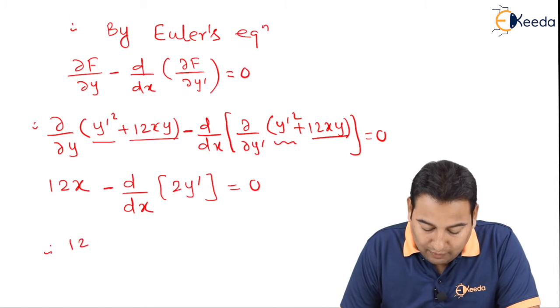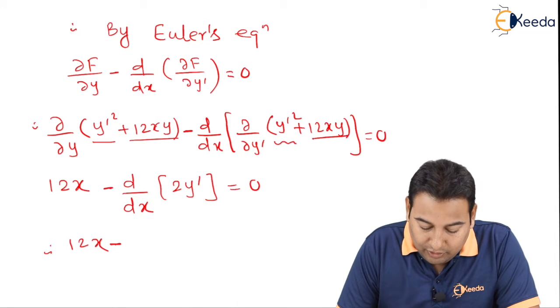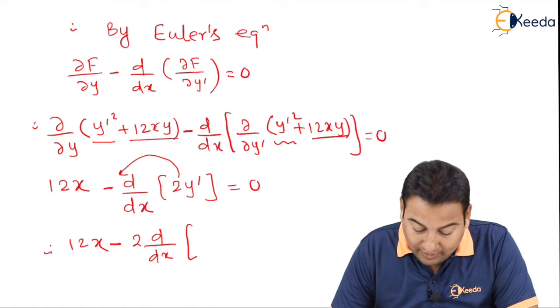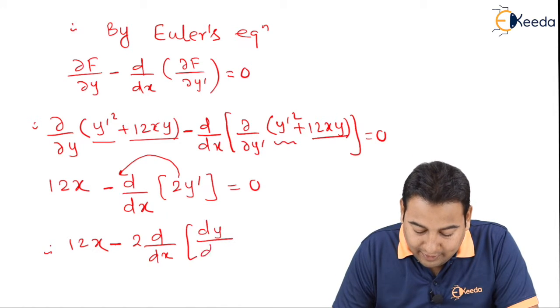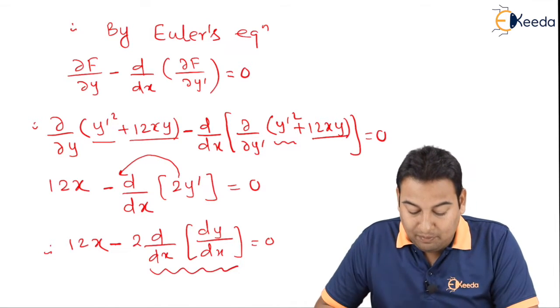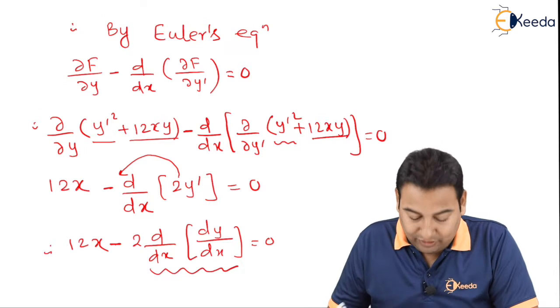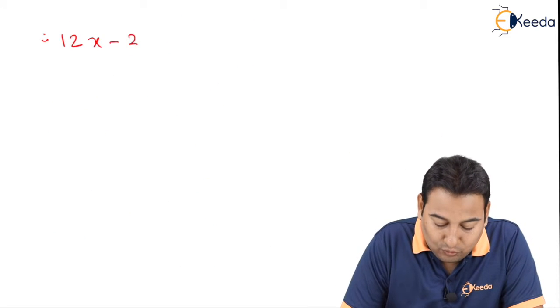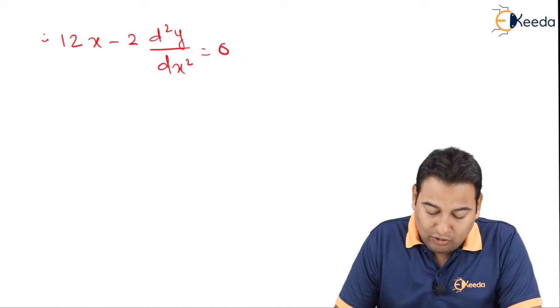Therefore, 12x minus, you can take this 2 outside, d by dx of y dash, which is dy by dx, equal to 0. This term will become d square y upon dx square.